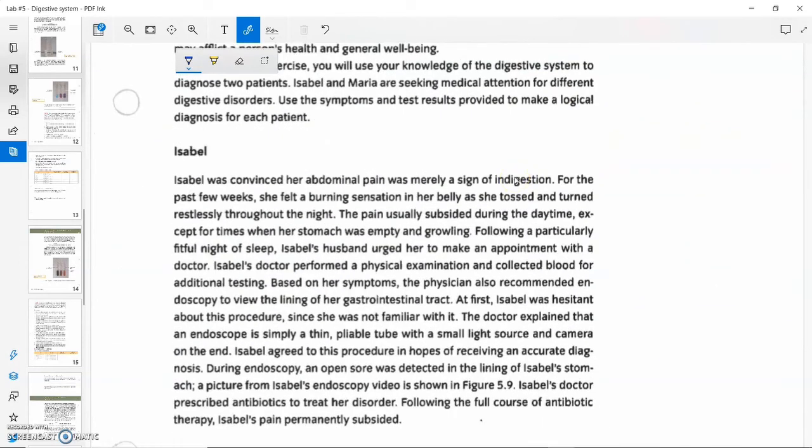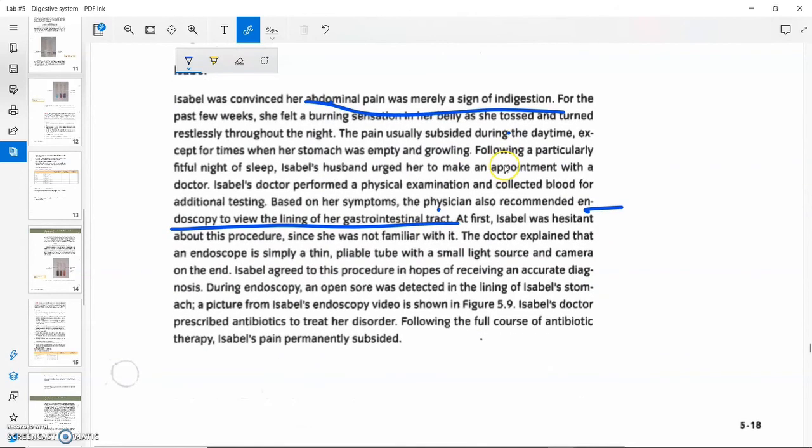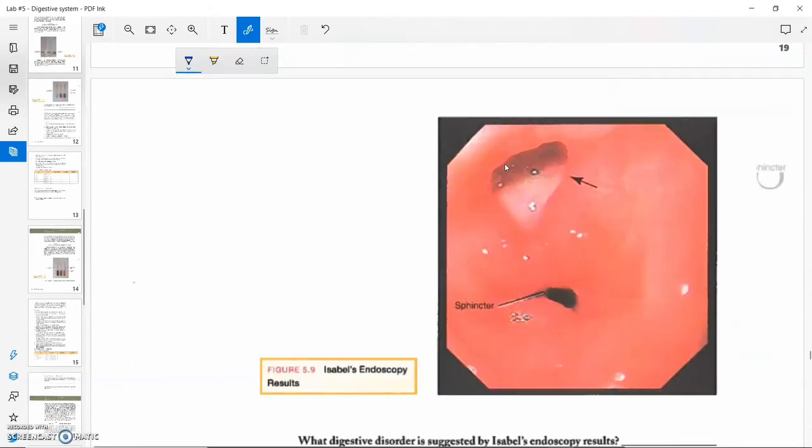So, okay, Isabel: abdominal pain, signs of indigestion, burning sensation in the belly. The physician did an endoscopy. So there is an open sore in the lining of Isabel's stomach.